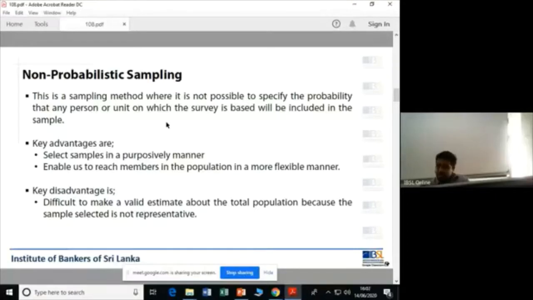That means we cannot give a guarantee that everybody will be given an equal chance or opportunity to be selected for the sample. It doesn't necessarily mean that we give equal probability, but it gives an indication of an equal opportunity to stand up and be our data point.